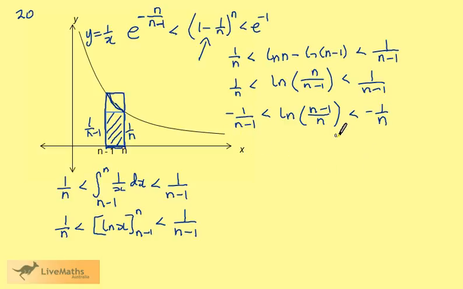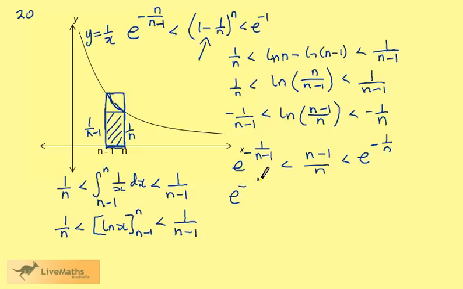And now take the exponential right the way through. So we get e to the negative 1 over n minus 1 is less than n minus 1 over n, which is less than e to the negative 1 over n.